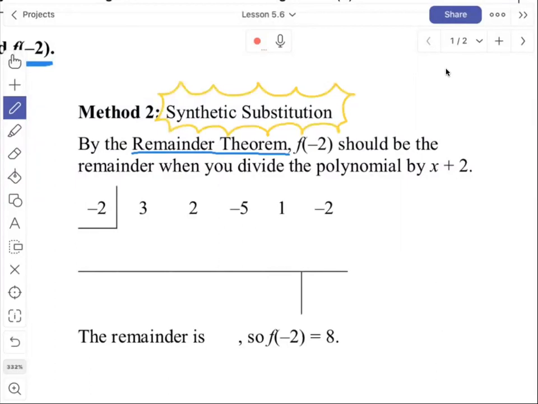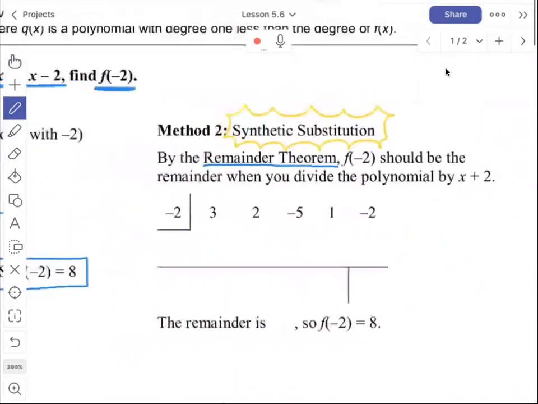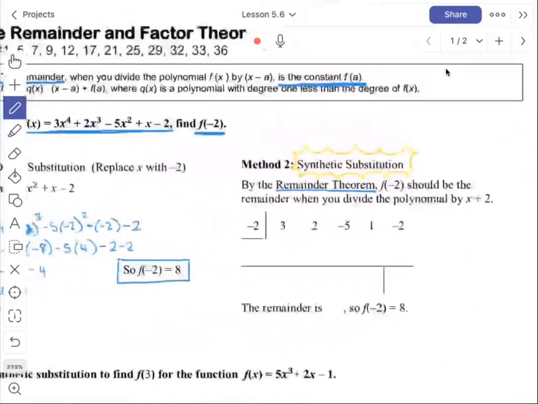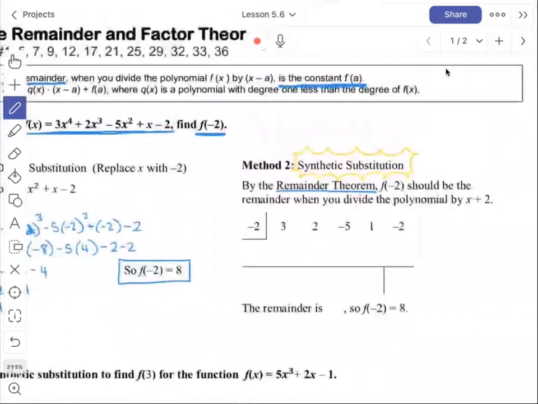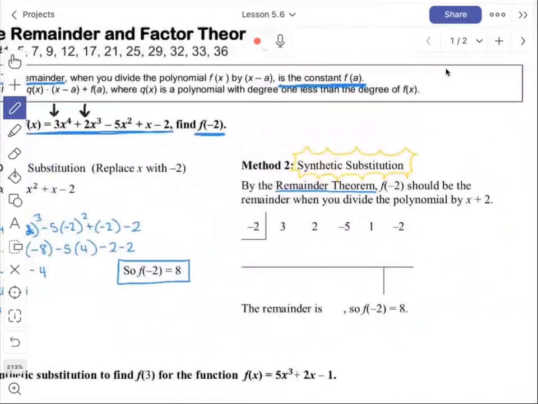All right, so what we're going to do is we're going to divide using synthetic division, all right, with that -2. So just like before, right, we would take all the coefficients of 3, +2, -5, +1, and -2.